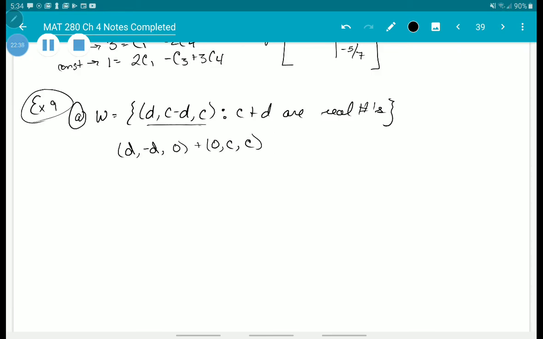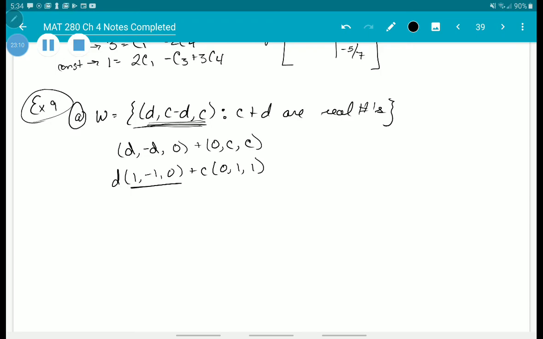So would you agree that if we were to add those two together, we would get back what everything looks like in this space? So what I did is I grouped all the D stuff together and I grouped all the C stuff together. So now if I were to factor that D out and then factor that C out, our basis vectors can't have variables in it.